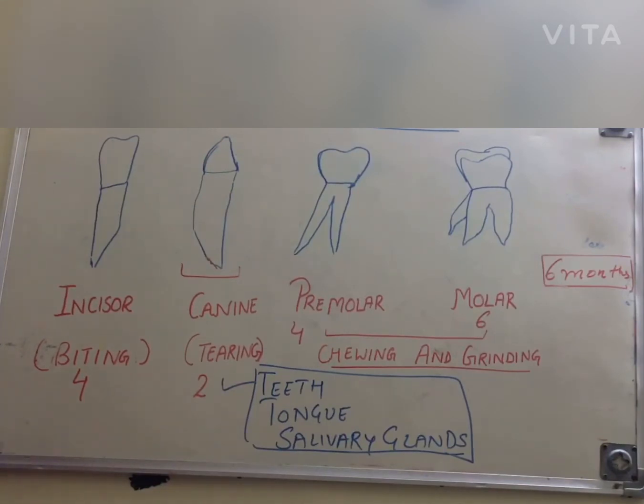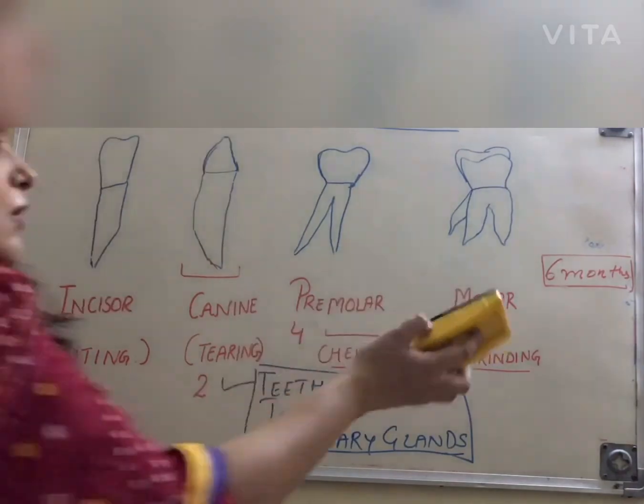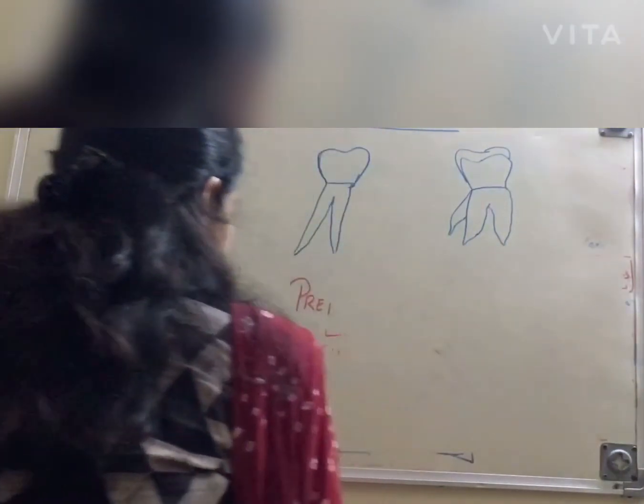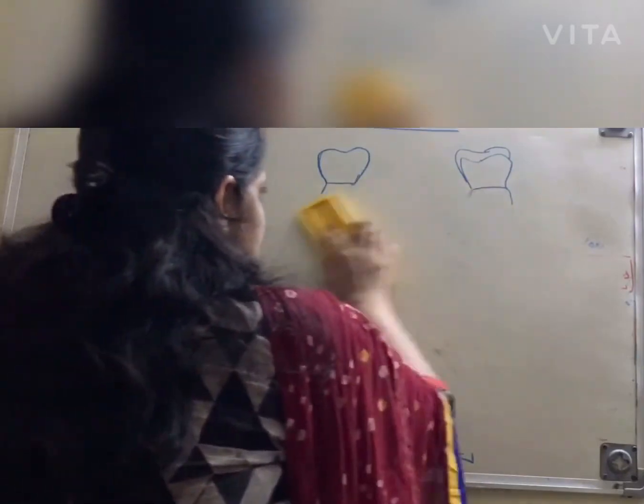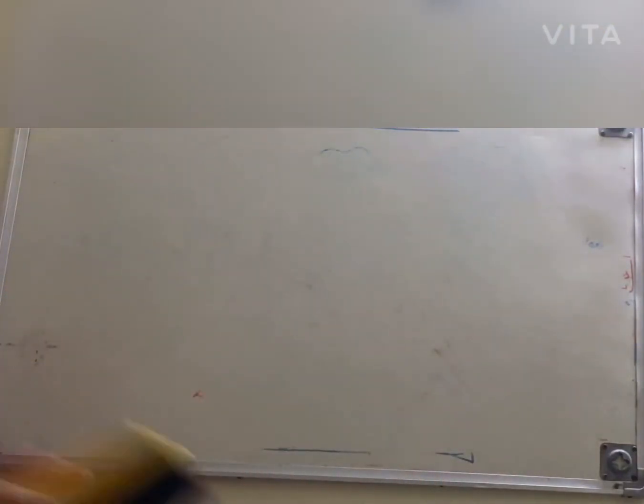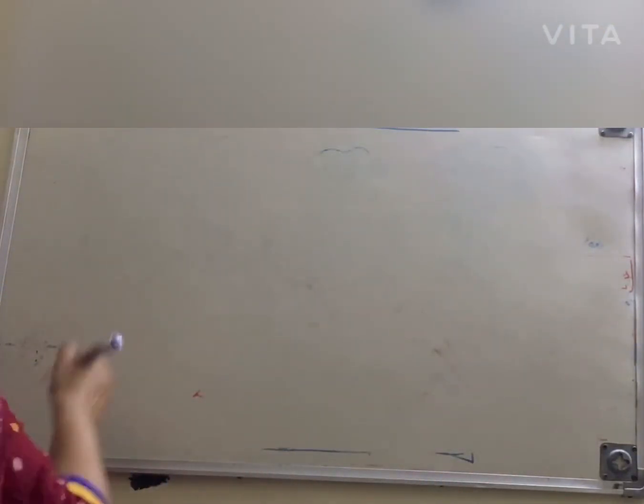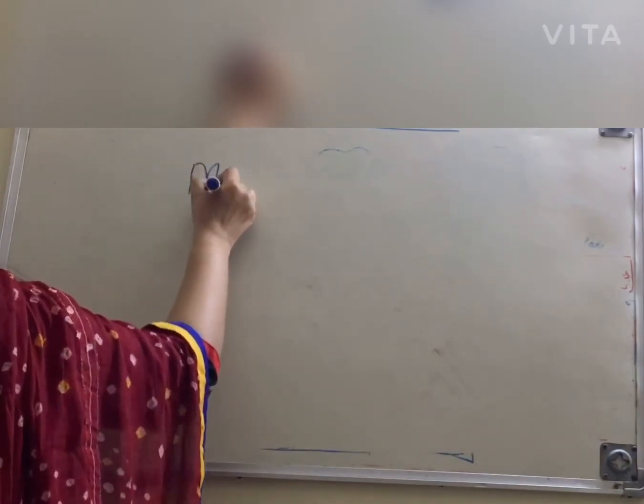So when we talk about teeth, human beings have 2 sets of teeth: permanent teeth and milk teeth.